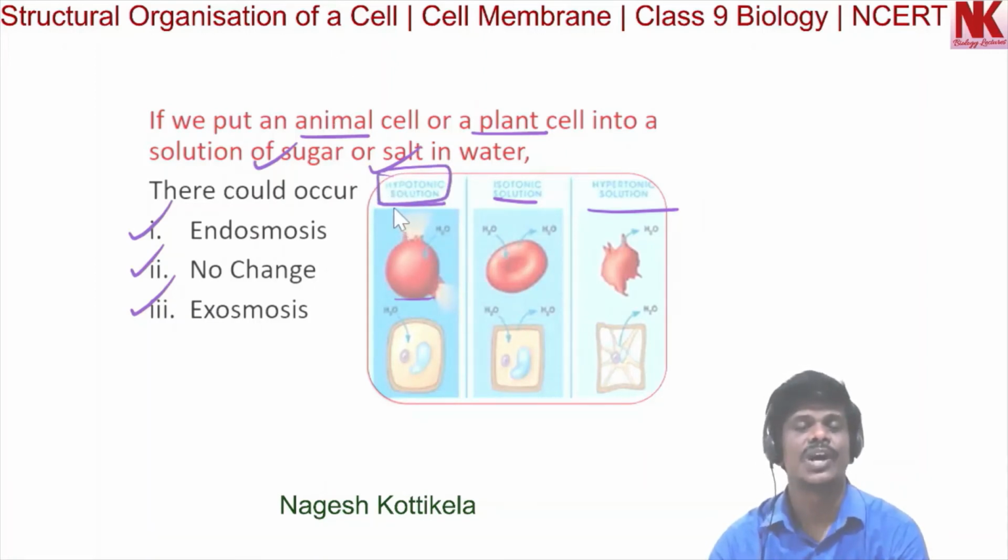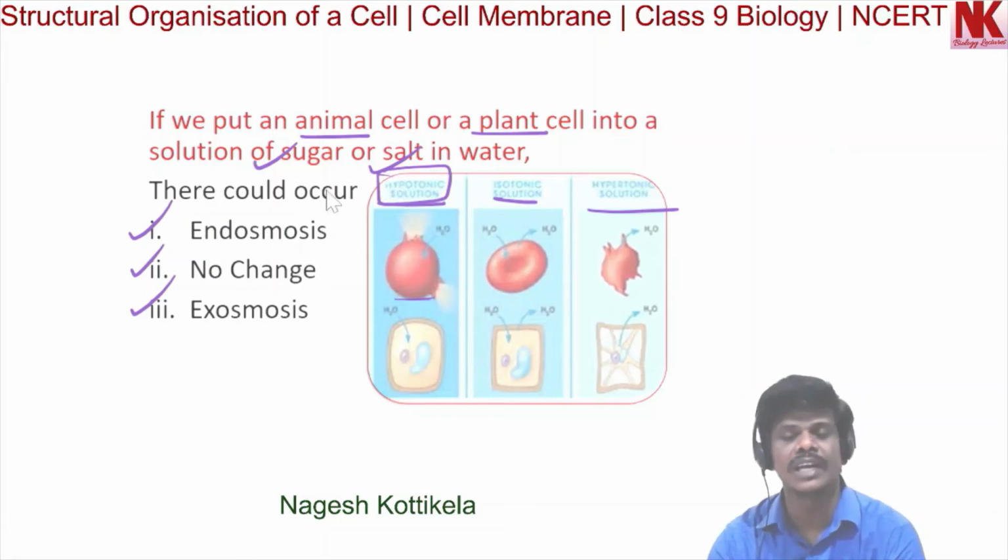Already we discussed hypotonic solution has higher water concentration when compared with the cell cytoplasm. So obviously water molecules will move into the cell. If water molecule move into the cell, it is called endosmosis. Okay, more and more water molecules move into the cell than the number of molecules which are leaving the cell.